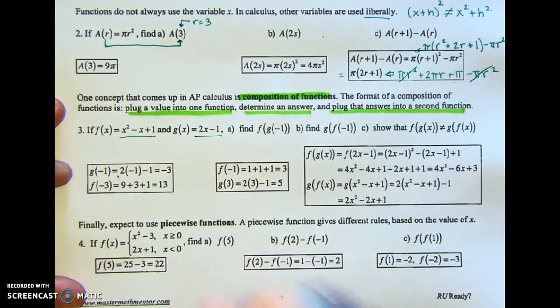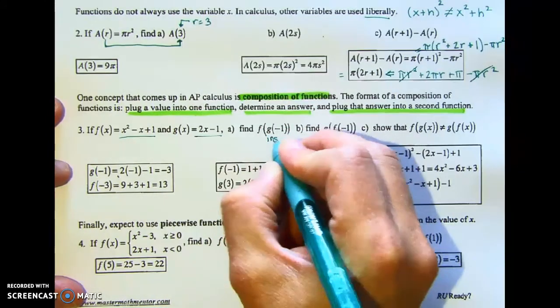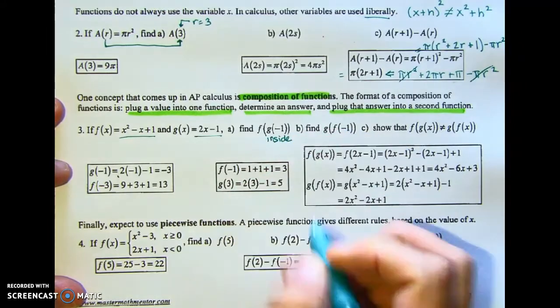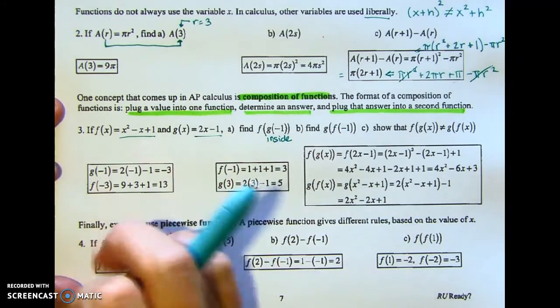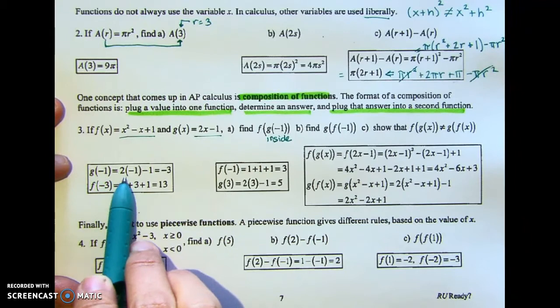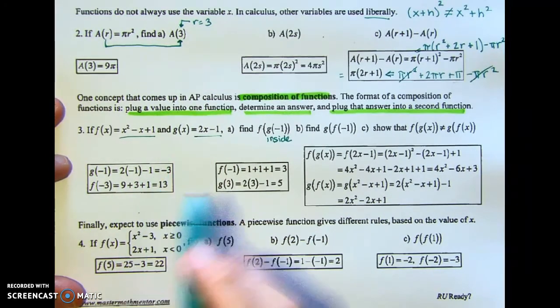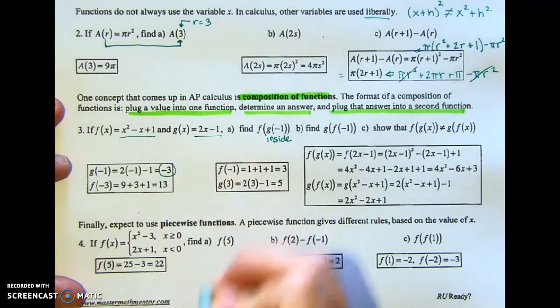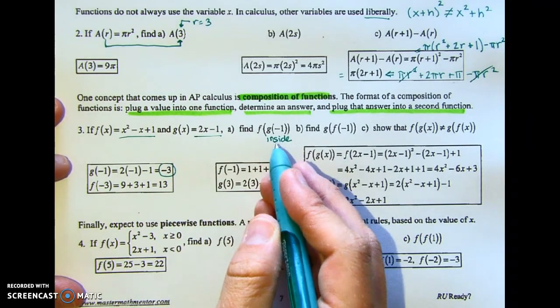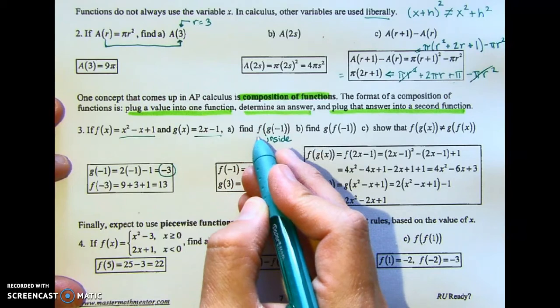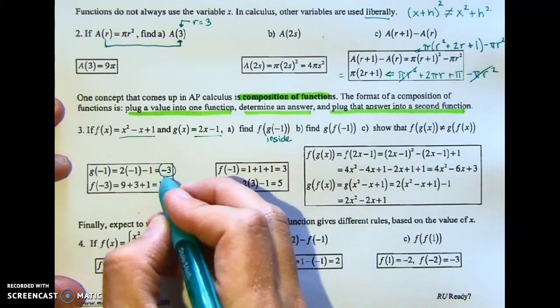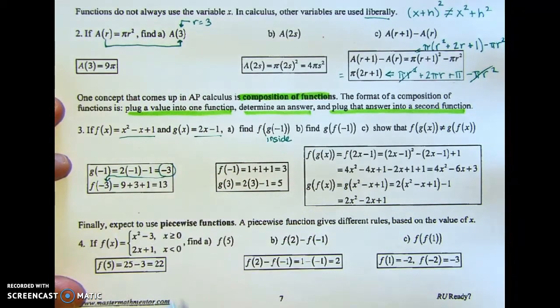So A says, so you always go from the inside out. Inside first. So G of -1. Do you see here how we find G of -1? So we plug -1 into G to get -3. And then you take the answer to the inside and plug it into the next function. So we're going to plug -3 into the F function.